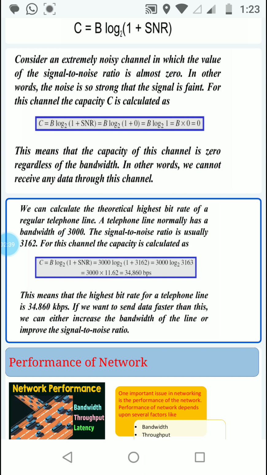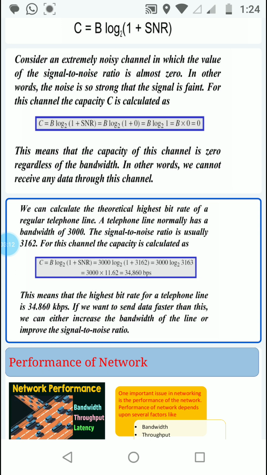By calculating the log, we get 3000 multiplied by 11.62, and the answer is 34,860 bps. If you want to send data faster than this, we can either increase the bandwidth of the line or improve the signal to noise ratio.